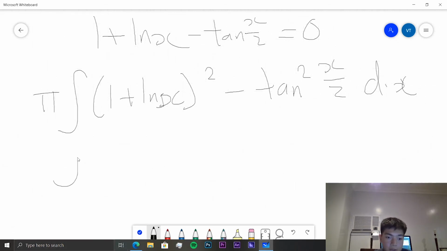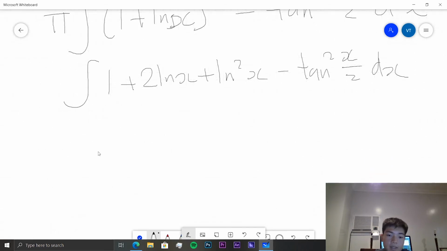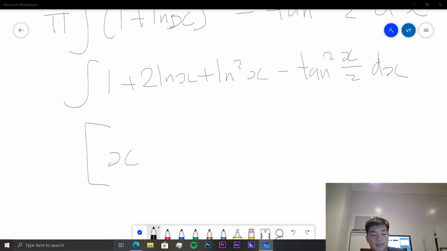So this is equal to the integral of 1 plus 2 ln x plus ln squared x minus tan squared x over 2 dx. So if we integrate this, it will be equal to x, 2 ln x. If we integrate 2 ln x, this should be, I believe, x ln x minus ln x.